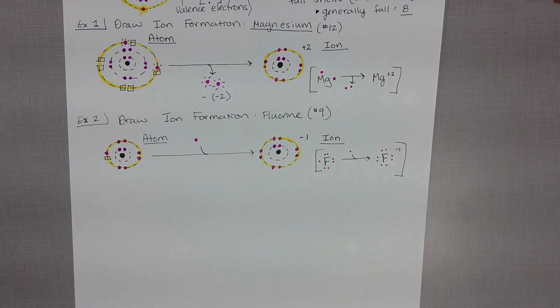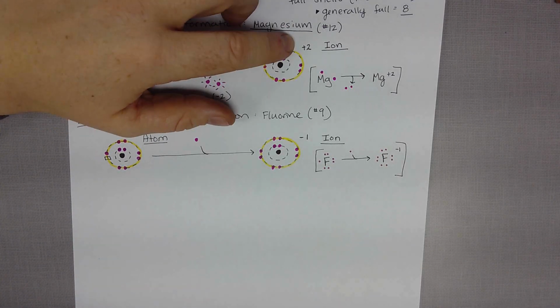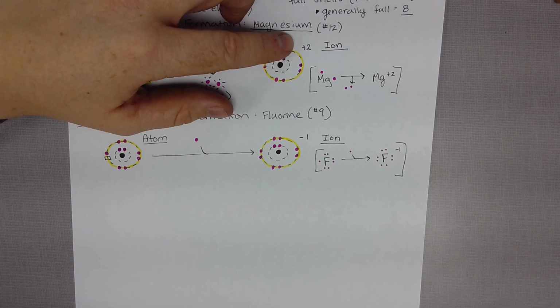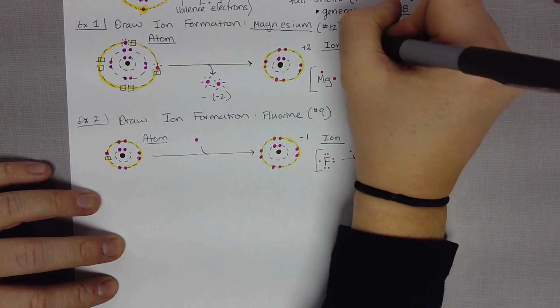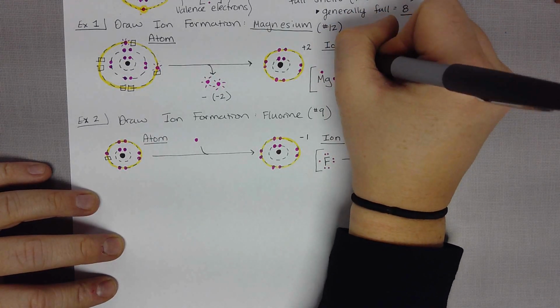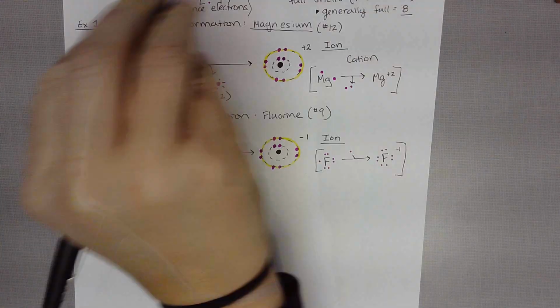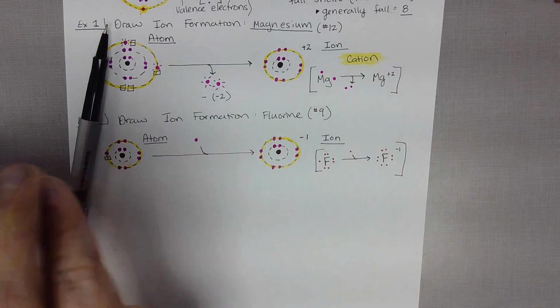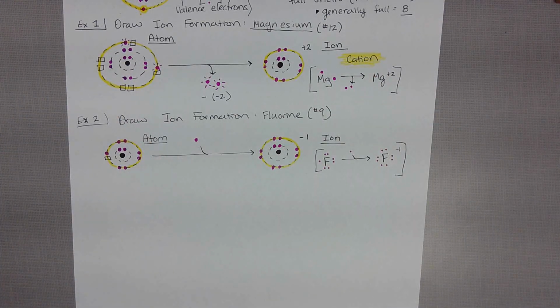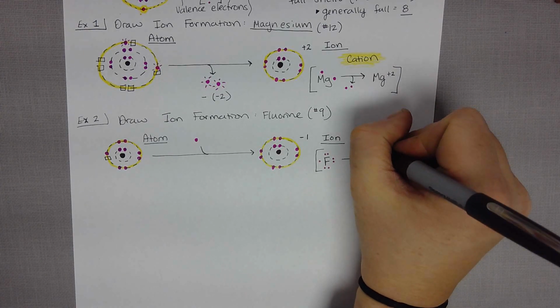Positive and negative ions are important terms as we move forward and start learning more about electricity and electron flow. Positive ions are referred to as cations, while negative ions are referred to as anions.